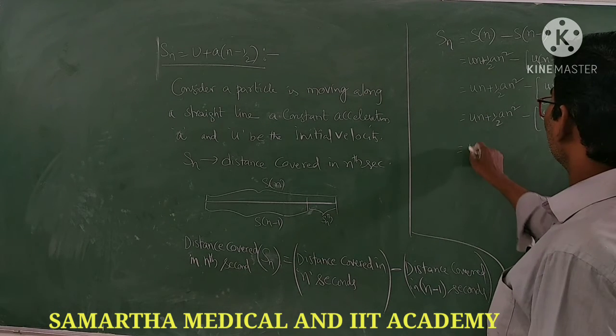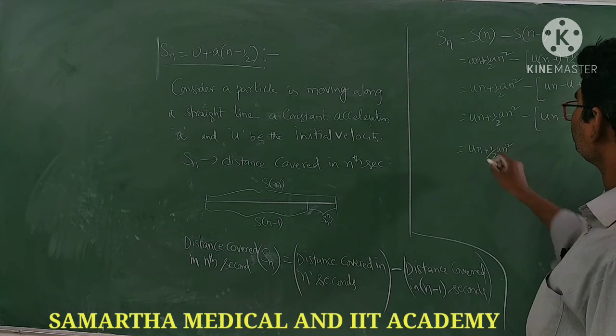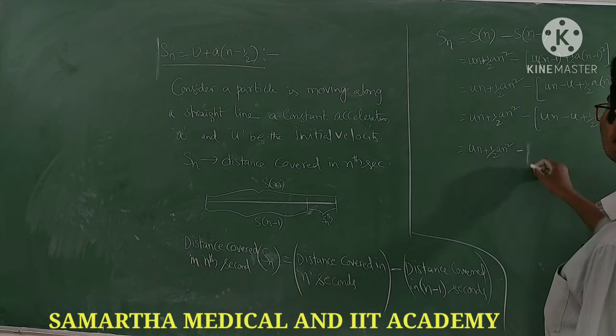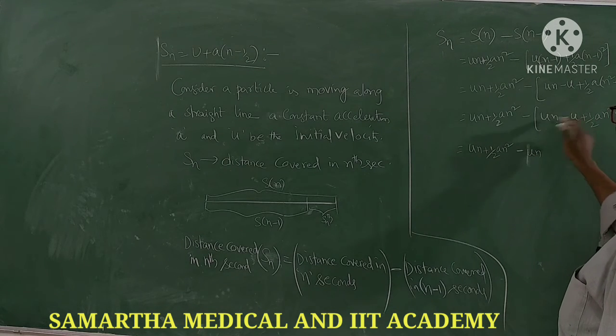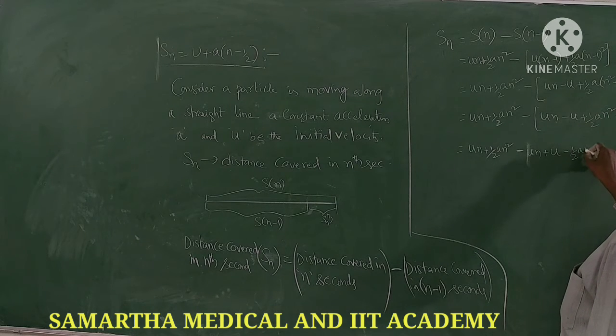Now un plus half an square, multiply by minus inside. So un minus un plus u, minus half an square plus half a, and minus into minus plus half a into 2n.